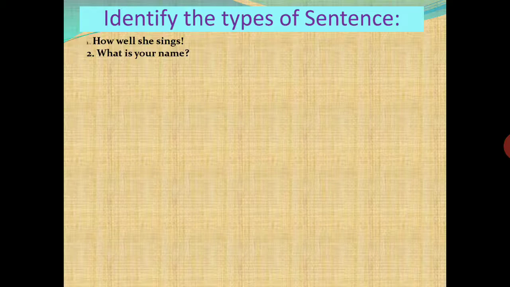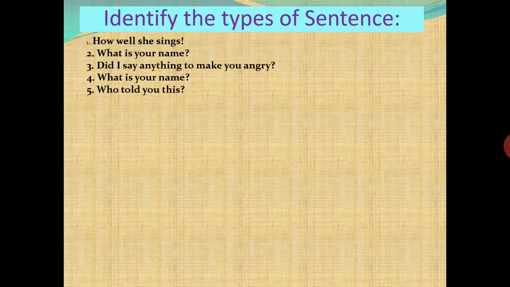What is your name? Which sentence is it? It is an interrogative sentence. Why? Because at the end of the sentence, there is a question mark, and in the beginning of the sentence, there is a WH form question which I have used. Did I say anything to make you angry? Again, there is a question which is being asked. Next, who told you this?